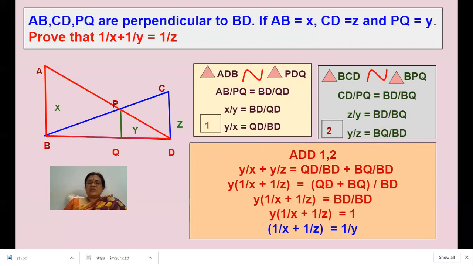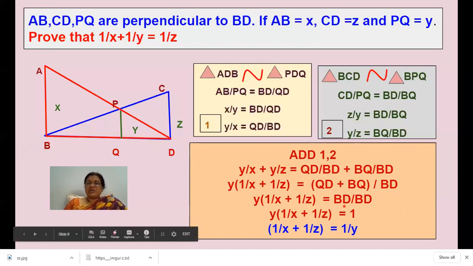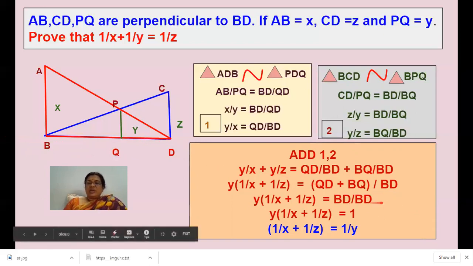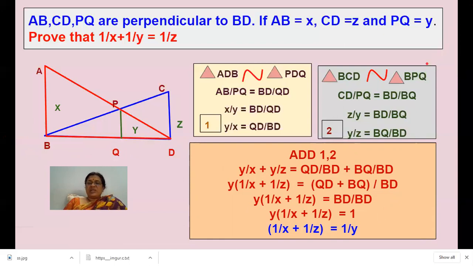Where is QD? This one is QD. And where is BQ? This one is BQ. When you add these two, you can write BD, isn't it? So in place of this, I have written BD. QD plus BQ is equal to BD. So BD will get cancelled, and you'll get 1 as the answer.